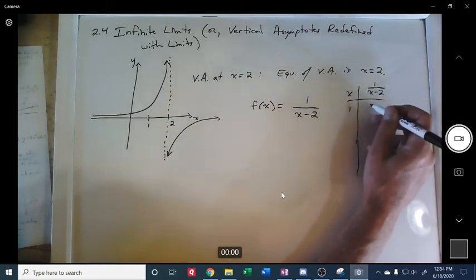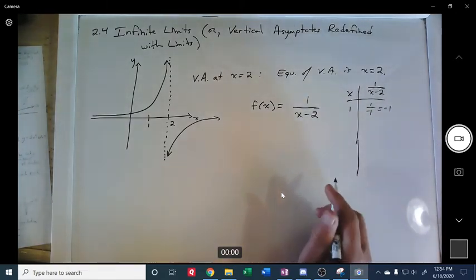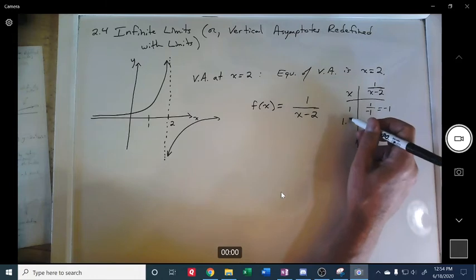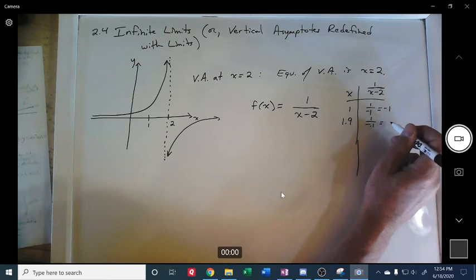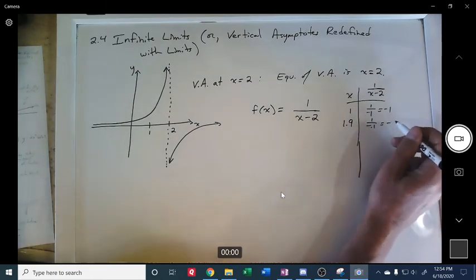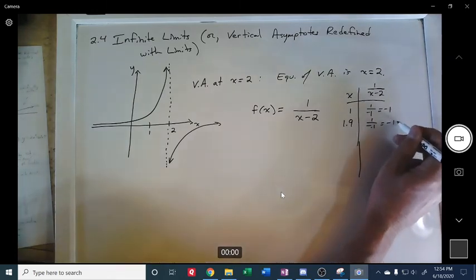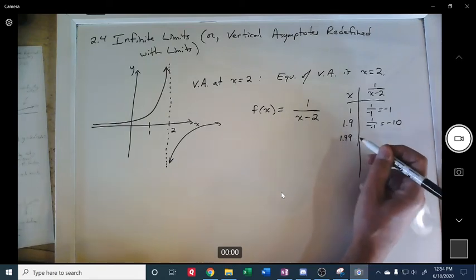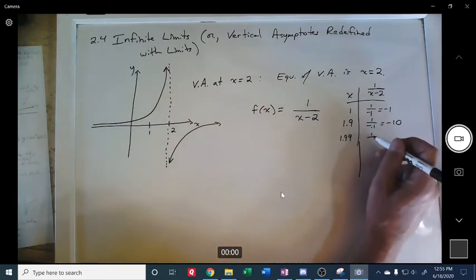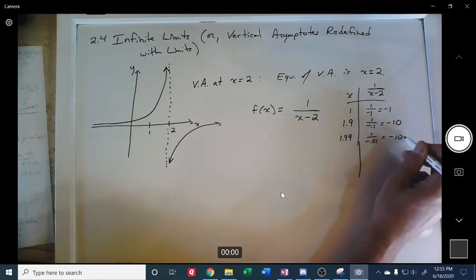When we put 1 in, you'll get 1 over negative 1, which is negative 1. Let's get really close to 2. 1.9. I'll get 1 over negative 0.1, and that's going to be negative, and then we move the decimal point 1 to the right, multiply top and bottom by 10, and we get negative 10. 1.99, 1 divided by negative 0.01, and that's 100 times bigger than that, so it's negative 100.